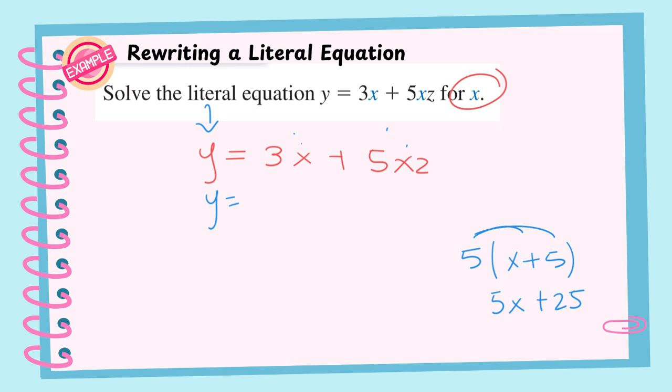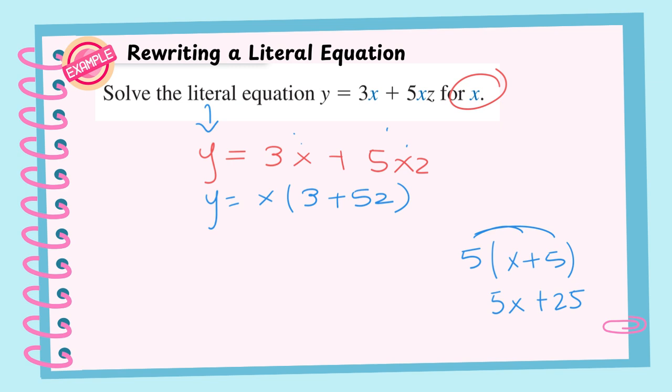Can I take out the 3? Do they both have 3's? Is the 5 the what? If I have x in both terms, do I have z in the other one? It's only in one, correct? So that means that I could factor out what? An x. And what am I left with? 3 plus 5z.